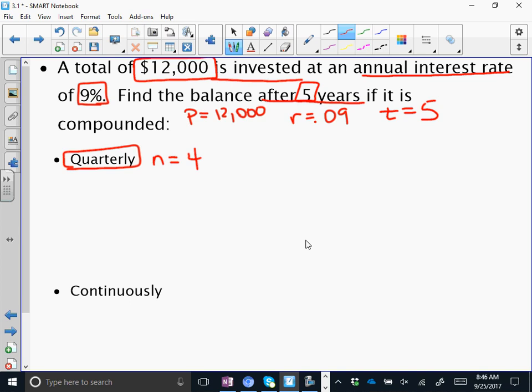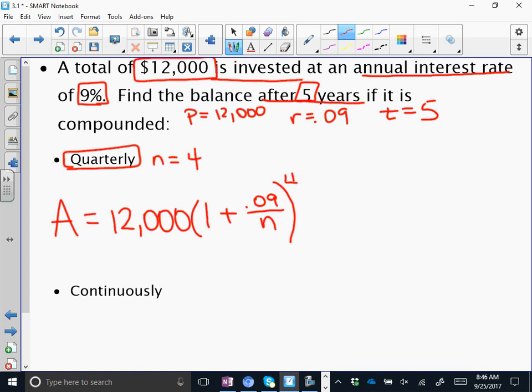So, if we go to use this formula, our amount equals principal times 1 plus our rate over N, to the NT. Oh, N is actually a number here. Sorry.